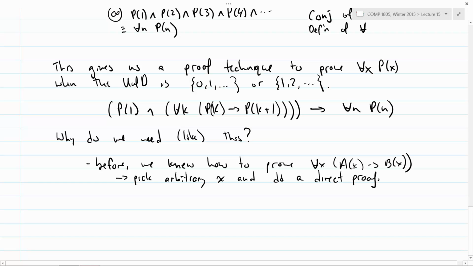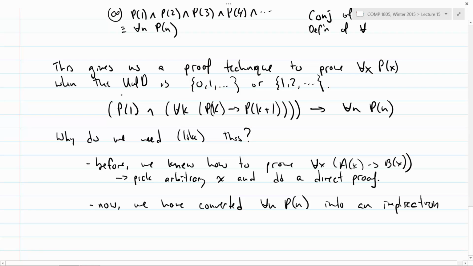But the problem is that this doesn't always work. Now, I didn't give you any examples where it didn't work, because that would be kind of mean. But it doesn't always work easily. What we've done is we've converted the proof of for all n Pn into an implication. So I want to prove for all n Pn, but instead I'm going to prove this thing, and that's usually pretty easy because it's not quantified in any way.